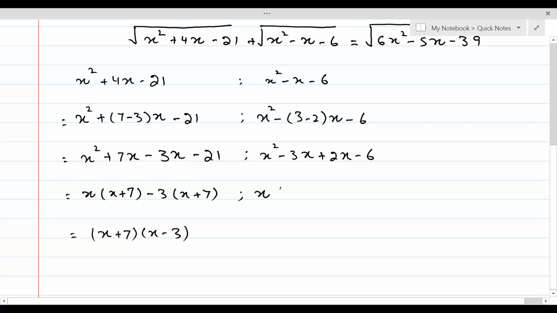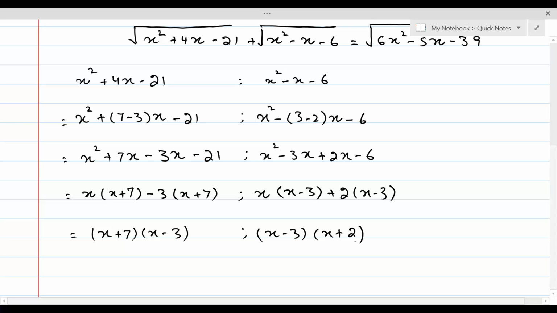Take x common, x minus 3, plus 2 common, x minus 3, and we have factors x minus 3 times x plus 2. So these are the two factors of the second expression.